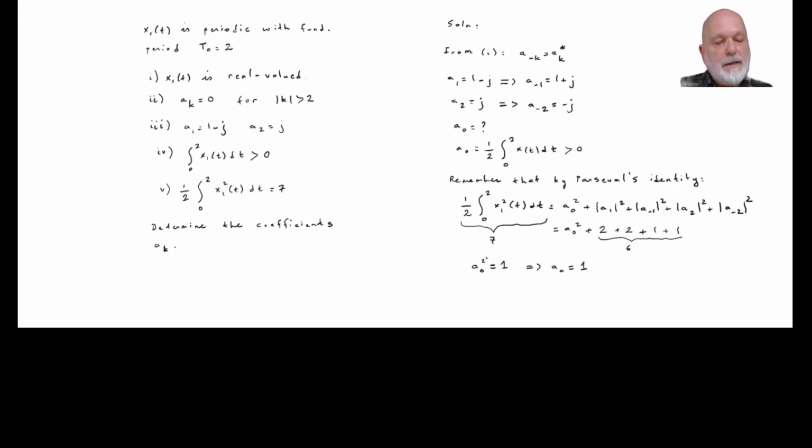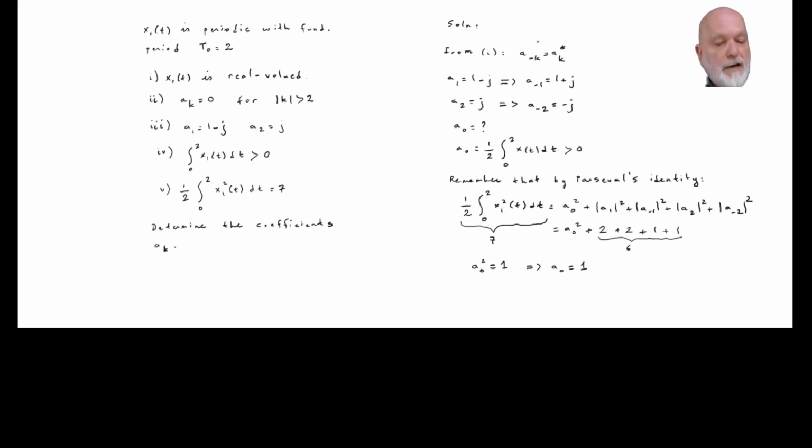Okay, so in this example, we have a certain signal and certain statements or information given for that signal. By using the information and by using certain properties of the Fourier series expansions, such as the symmetry relations for the coefficients of real value signals, and by Parseval's identity, we are able to obtain all the coefficients.